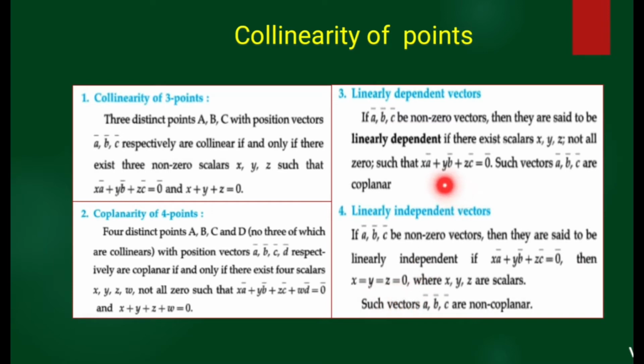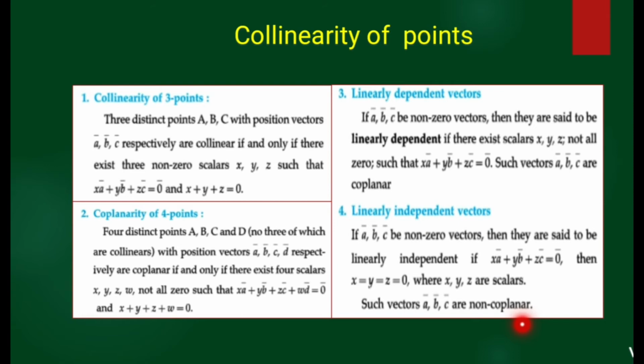In linearly dependent vectors, vectors a bar, b bar, c bar are coplanar and these scalars are not all 0. In linearly independent vectors, these scalars are all 0, x equals y equals z equals 0, and the vectors a bar, b bar, c bar are non-coplanar.